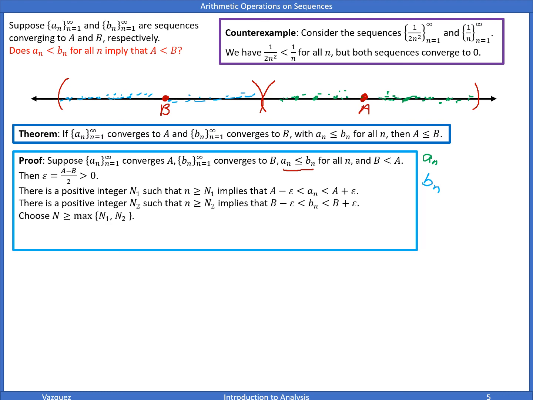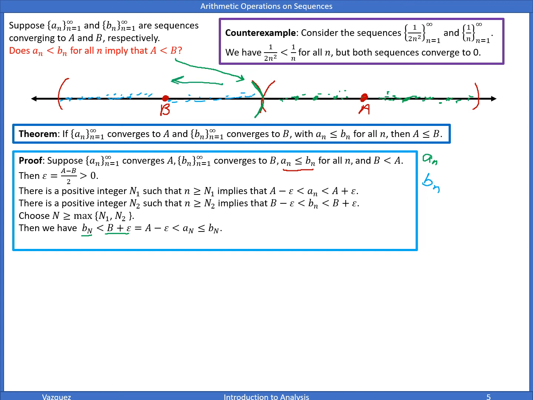So we're going to choose n to be the max again, because the maximum suffices for both of them. So we have this inequality here. bn is less than b plus epsilon. All the terms of the sequence, except for finitely many, are below that.